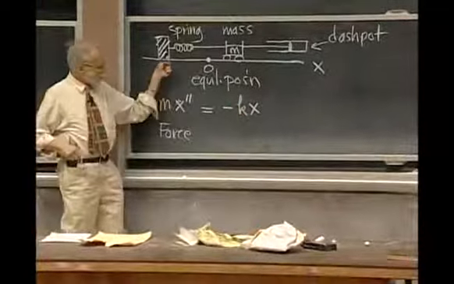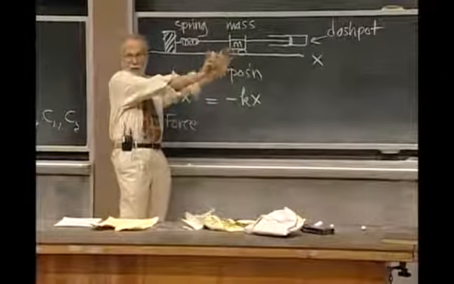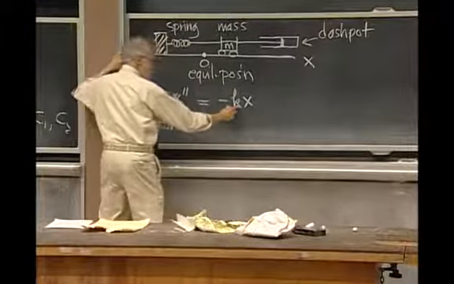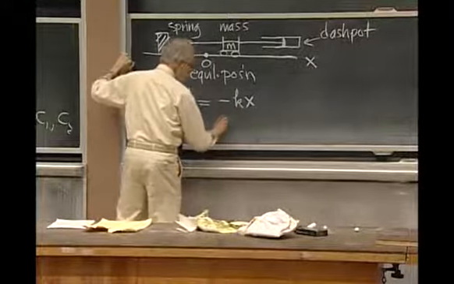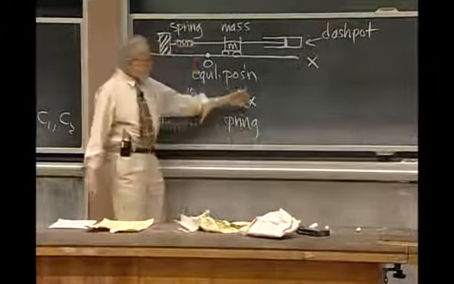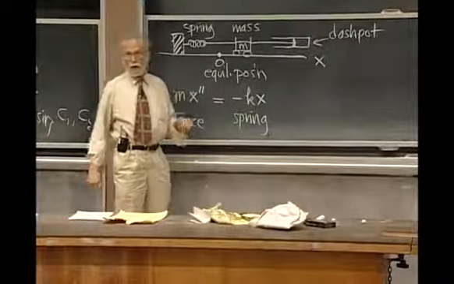If it gets to the left of 0, if x gets to be negative, then that spring force is pushing it this way, wants to get rid of the mass. So it should be minus kx, and this is from the spring. The fact that it's proportional to the amount by which x varies is called Hooke's law.